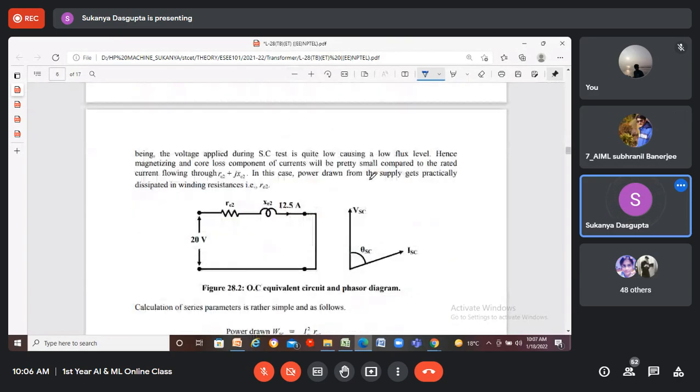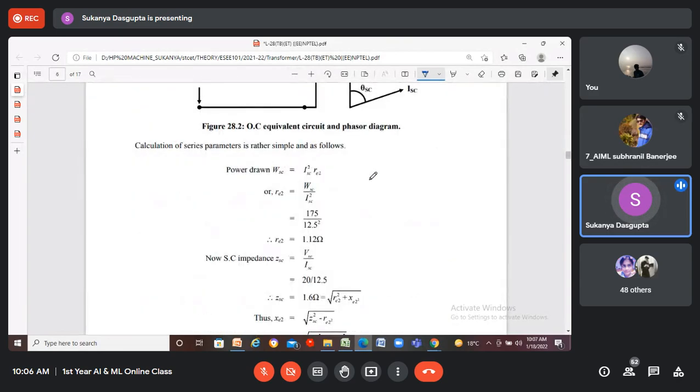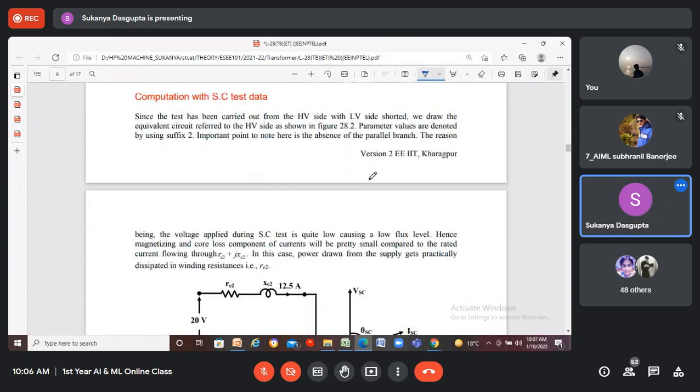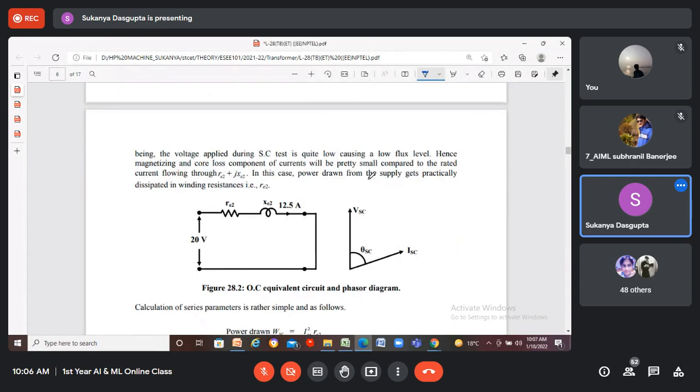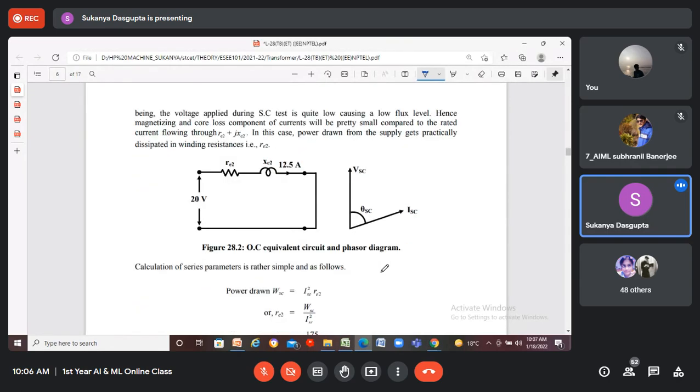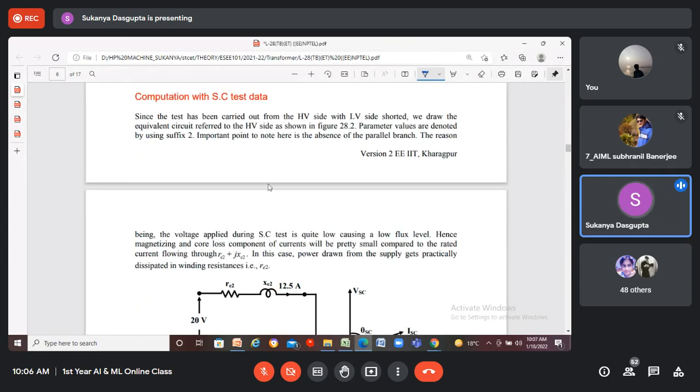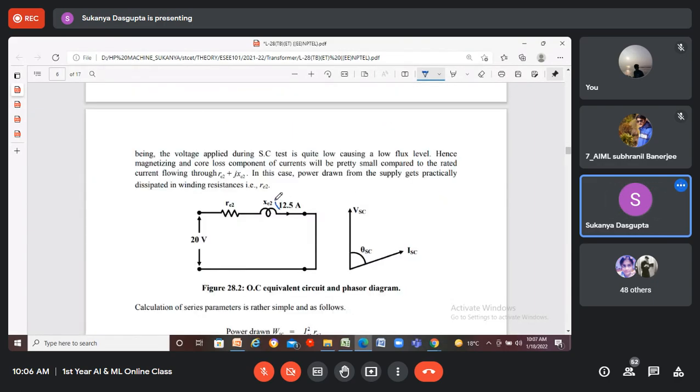Yes, ma'am. Okay. Similarly, how to compute the short circuit test results? So this is the equivalent circuit diagram and the phasor, right? This time the short circuit current is 12.5 ampere.